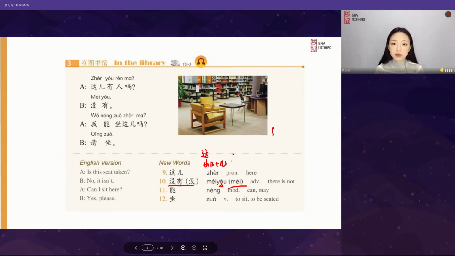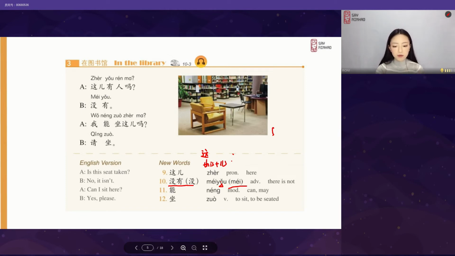And I don't have a Chinese friend is 我没有中国朋友。And there is no one, 没有人。Here is no one. It is 这儿没有人。Just like what we learned in text one, 桌子上有什么, it is 这儿没有什么. This is the same structure. We will put the location at the beginning.